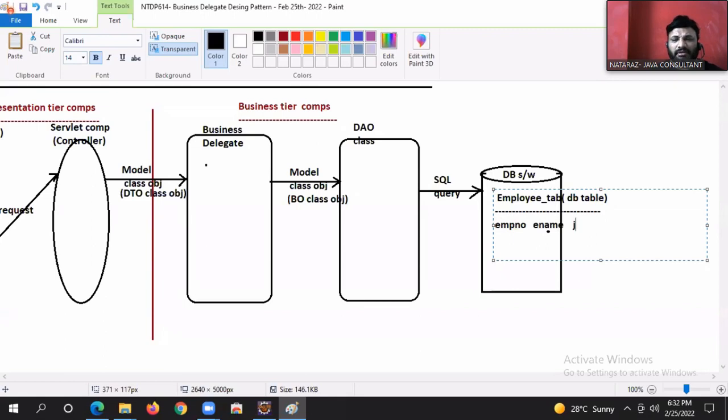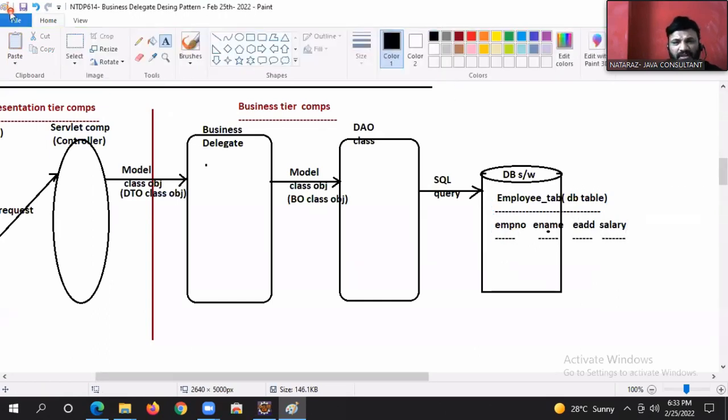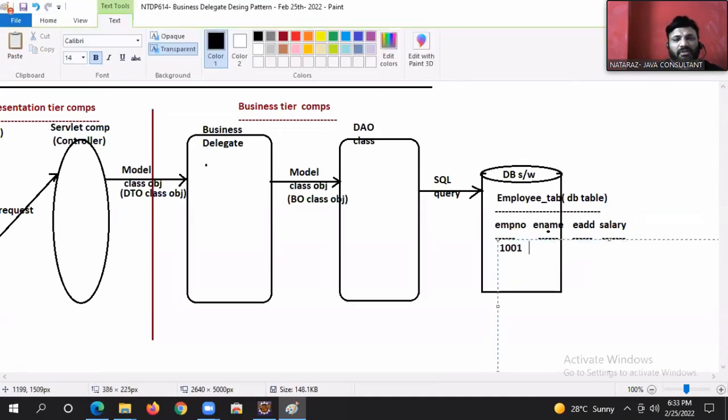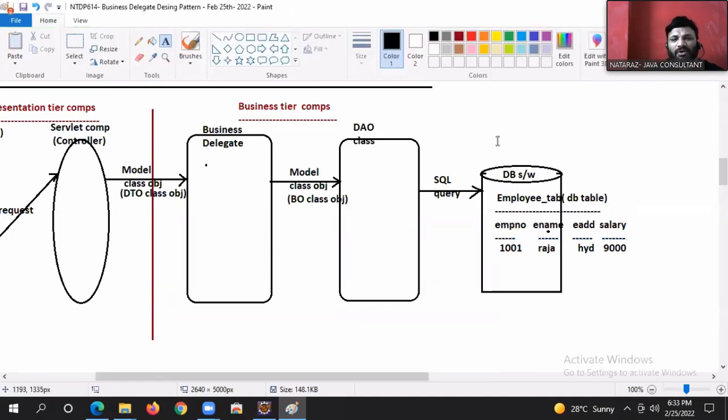Employee number, employee name, employee address, employee salary. For example, 1001 Raja, address Hyderabad, salary 90,000.